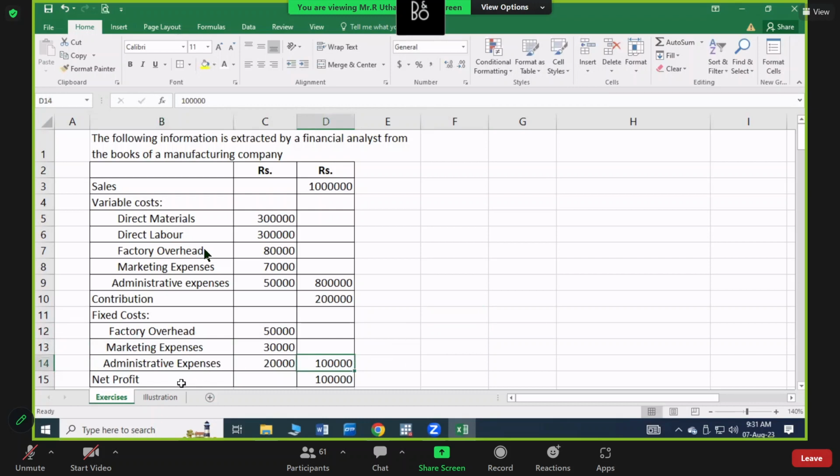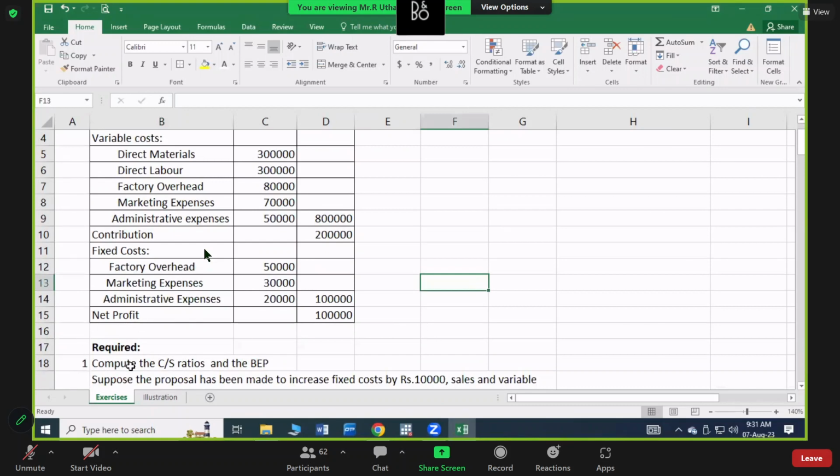Net profit is contribution minus the fixed cost. This is the variable cost method of presenting the data to calculate the net profit, which is different from the accounting method.